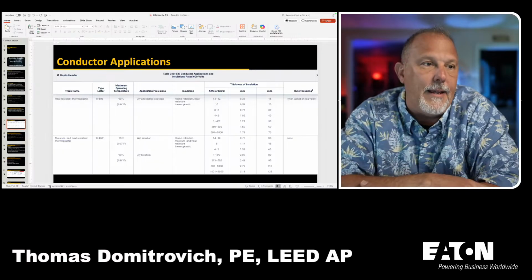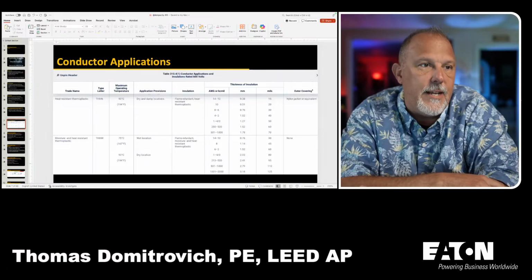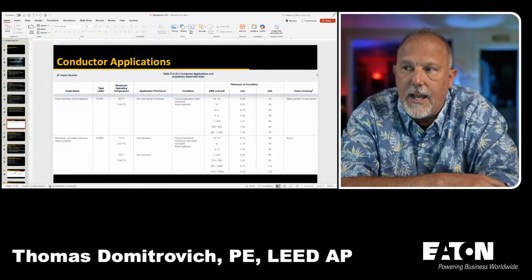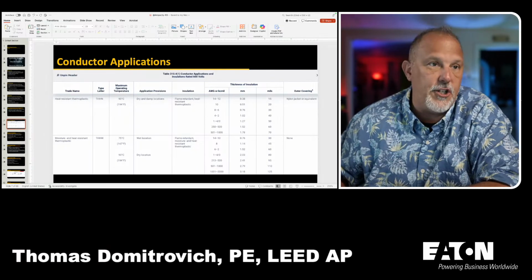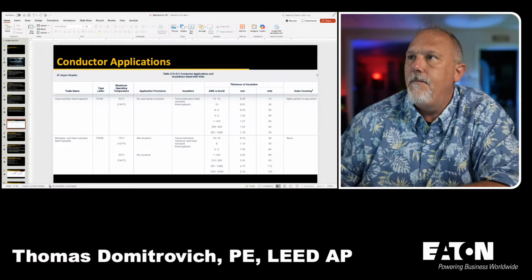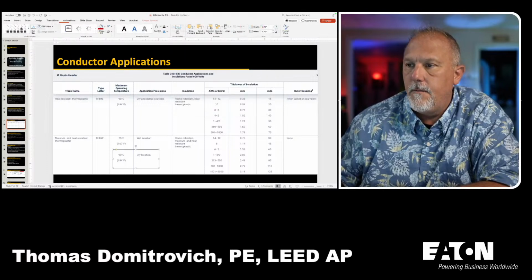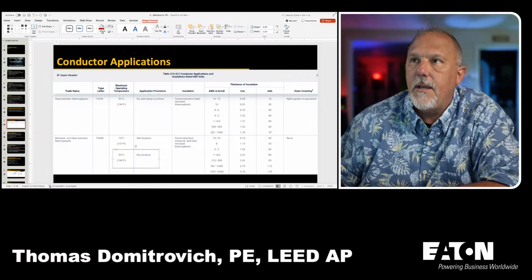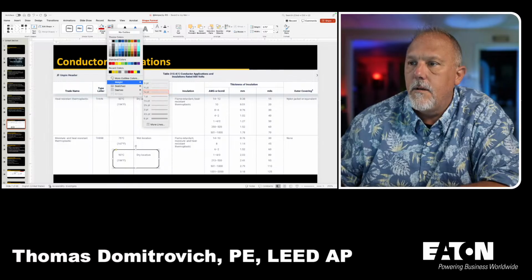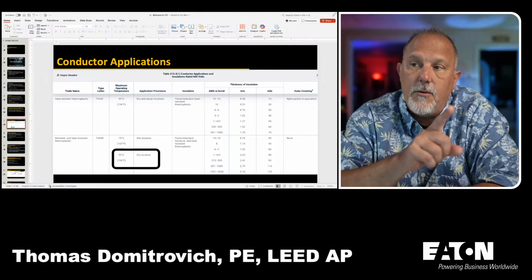And I believe on the IAEI's Tech Tuesday presentation that we did yesterday, somebody pointed out that a -2 is a 90°C wet location. So you'll notice in this THHN, that one right there says 90°C, but it's a dry location.